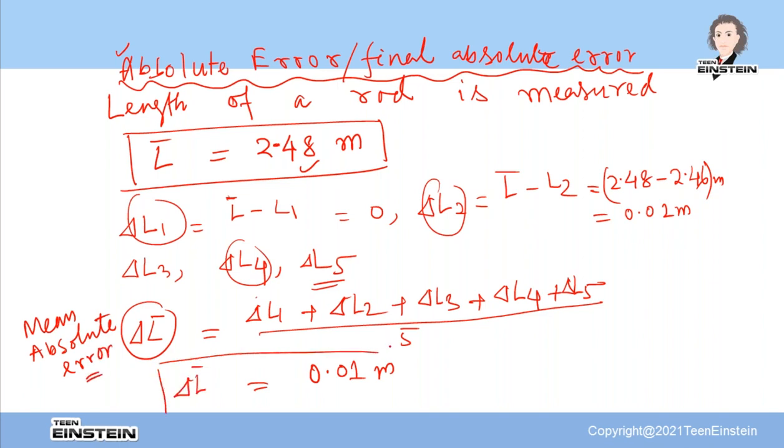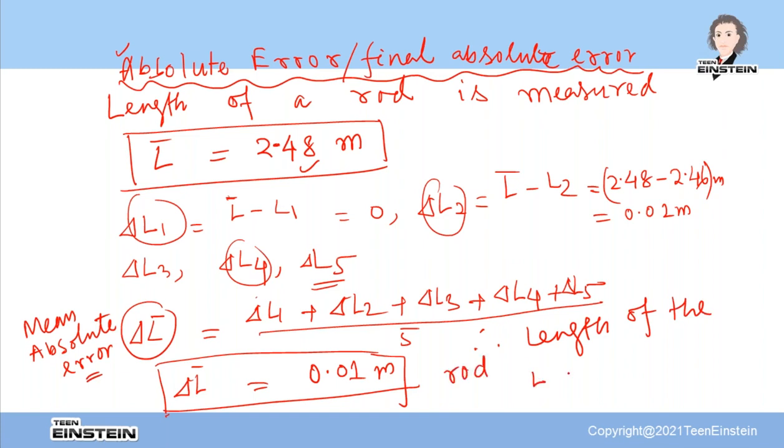Once I get this, then I have to write the final result of the experiment. Hence, the length of the rod L is equal to L average plus or minus this mean absolute error.